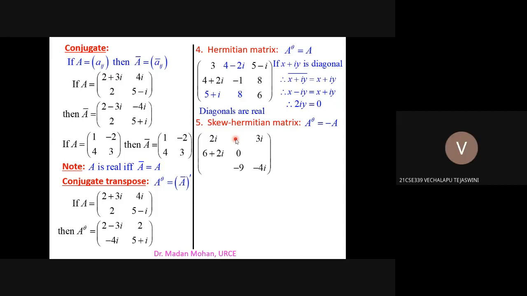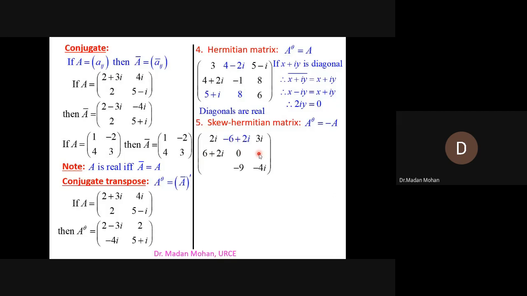Minus 6 plus 2i. Very good. A theta equals minus A, because transpose helps us to identify the place. Here, this element comes from 6 plus 2i. How is it coming? Minus of conjugate. Therefore, minus 6 plus 2i it is.